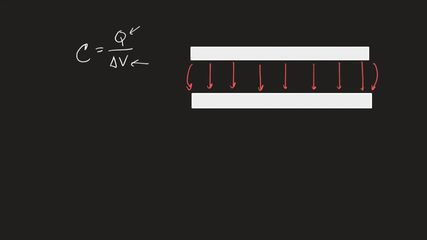We're going to say that each plate has area A. So it doesn't really matter whether these are circular plates or square plates or rectangular plates or triangular plates. They just have an area A and a separation distance D. We're also going to state for right now that inside between the plates is a vacuum.